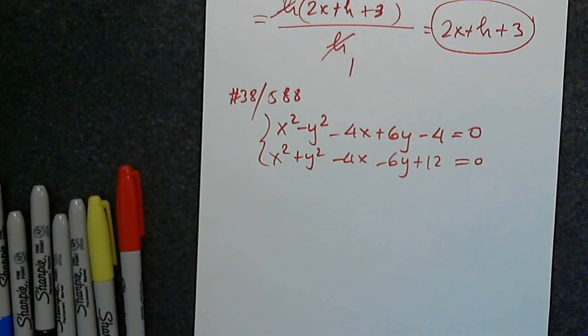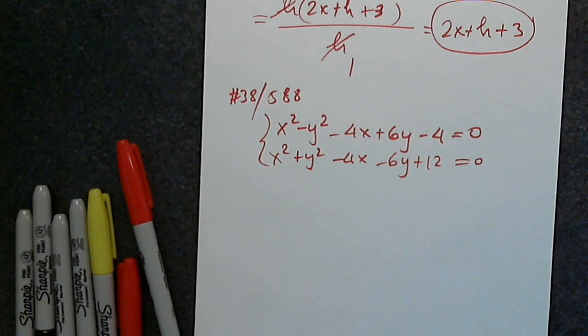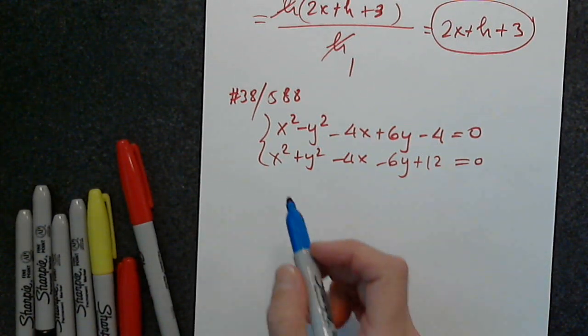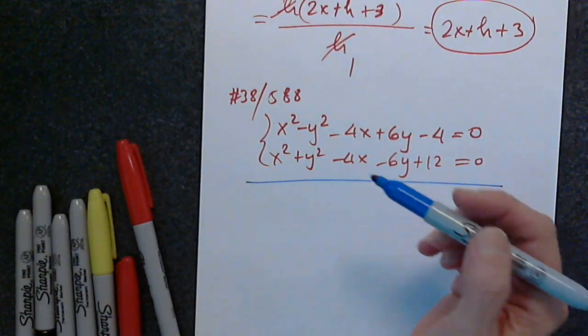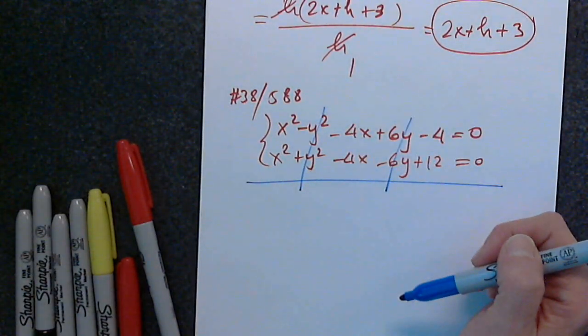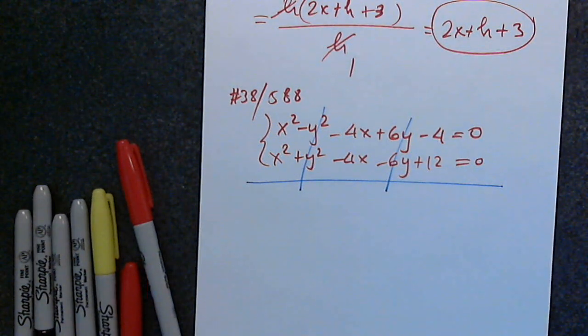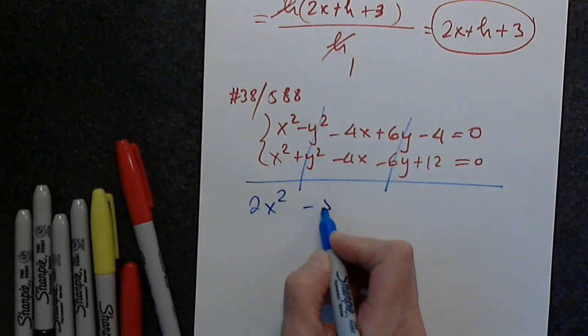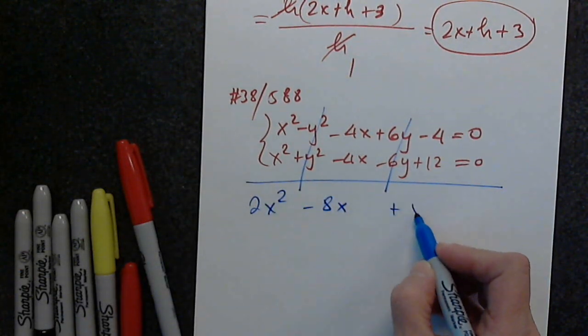Gee, what should I do with this? Definitely not substitution. I can't. So I hope that elimination works. And let's see what happens. If I do this, these two will go away. These two will go away, which is nice. Y disappears. So then I have 2x squared minus 8x plus 8.